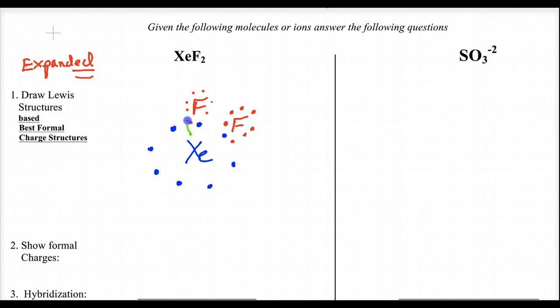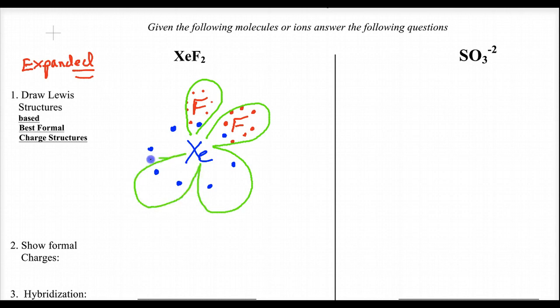I'm going to count electrons that are in different planes: 1, 2, put the lone pairs together, that's 3, 4, 5. There are 5 pairs of electrons in different dimensions that are being repelled by VSEPR theory into this shape.